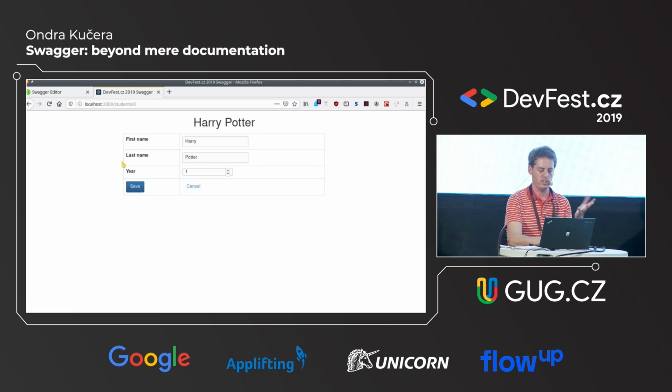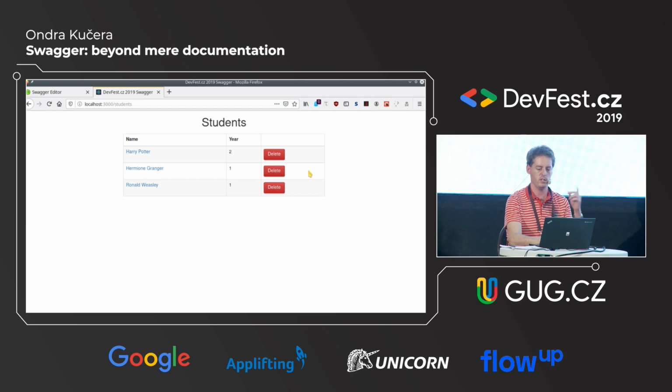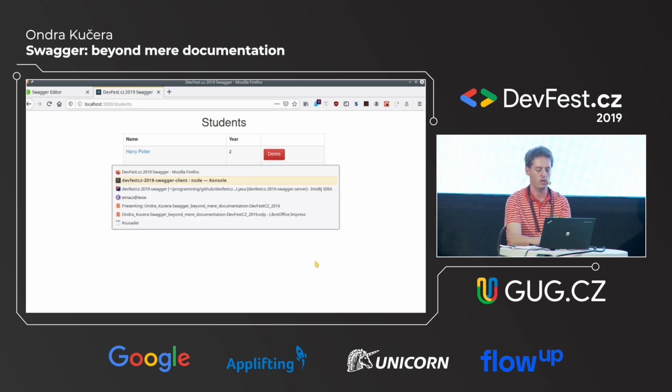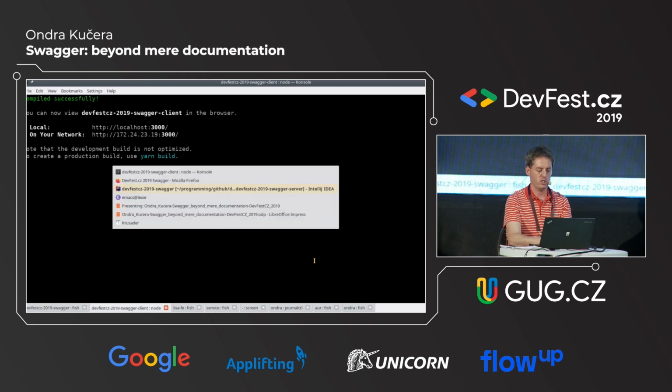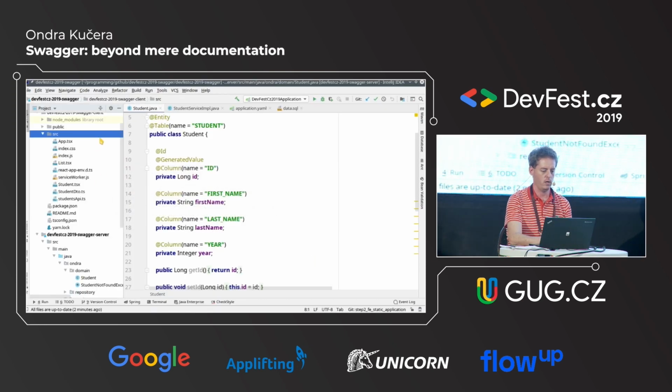I see a detail/edit form for that student, and I can, I don't know, say that Potter has gone a year up and save it, and yeah, it seems to work. I can even click on delete, but I didn't actually program the delete functionality, so it does something, but it's not visible. So let me just quickly, again, show you some parts of the code.